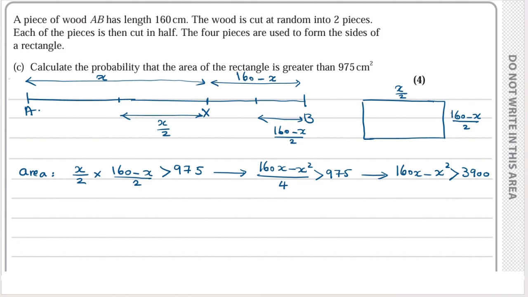So we rearrange the inequality and we write it as x squared minus 160x plus 3,900 less than 0.